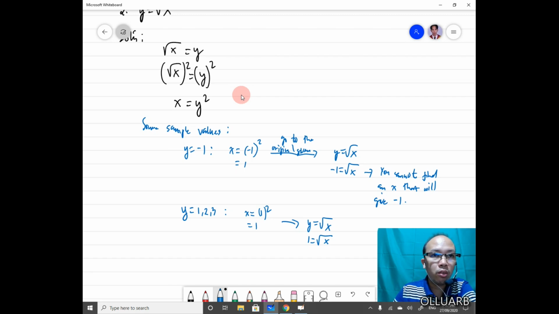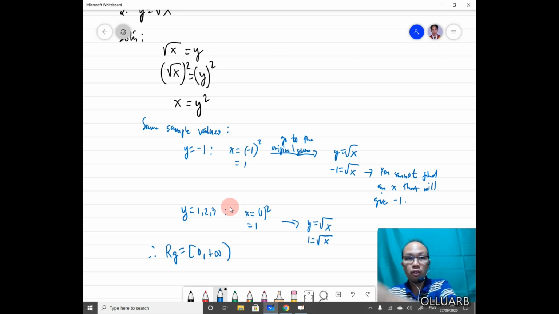Meaning to say, your y is truly an element of the range of this equation. So therefore our range here is from 0 to positive infinity. You can verify that in the graph.